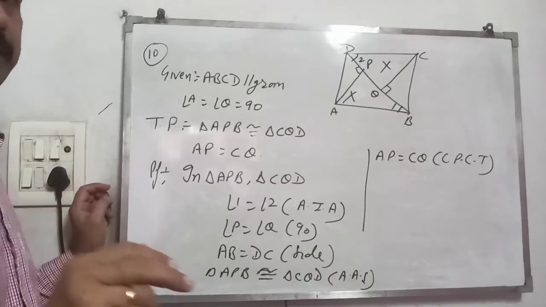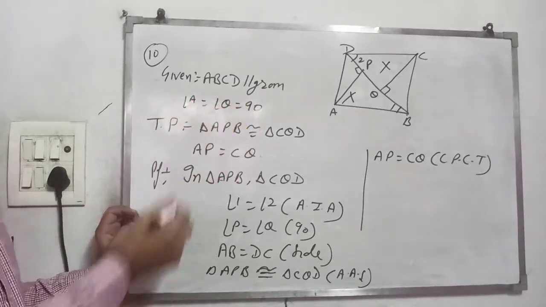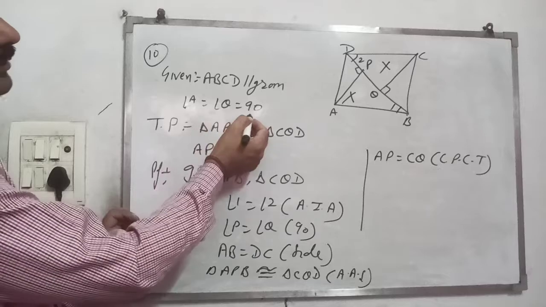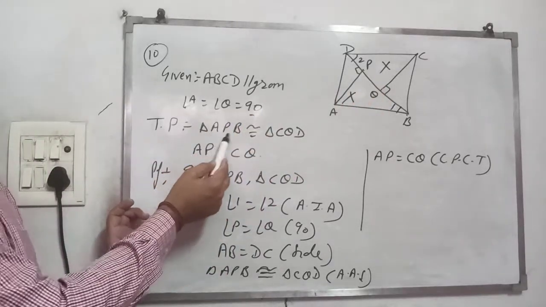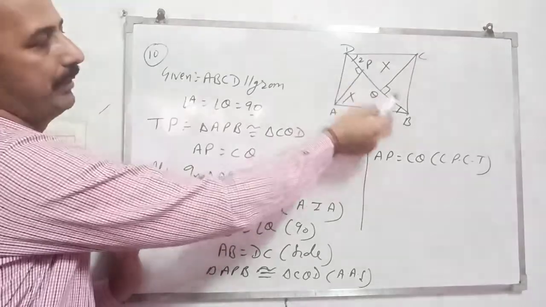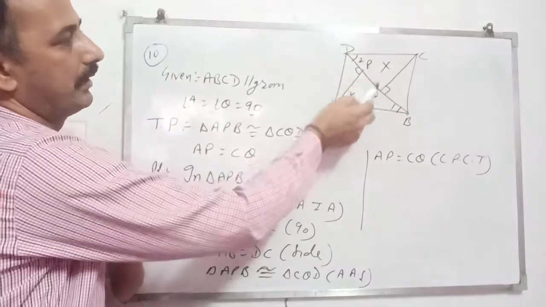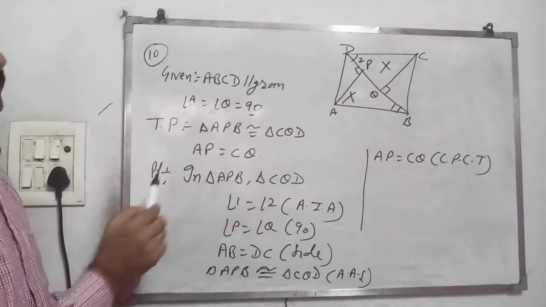Now come to the next question, that is question number 10. ABCD is a parallelogram is given and angle P and angle Q is 90 degree, that is also given. We have to prove triangle APB congruent to CQD, and AP equal to CQ.